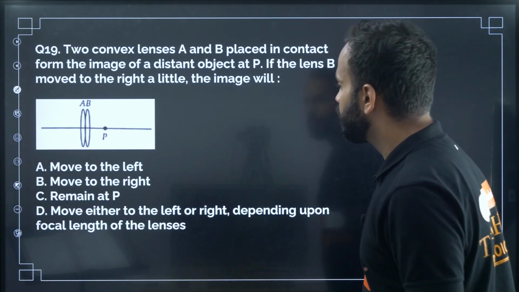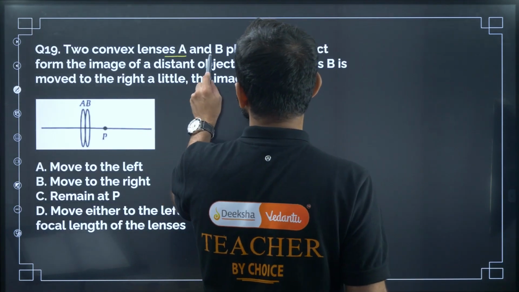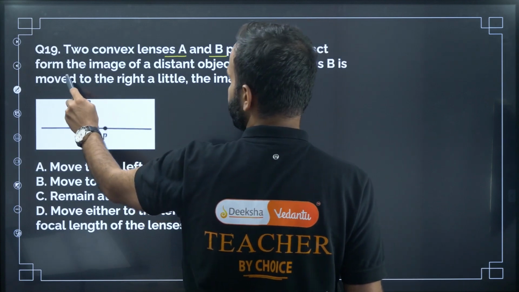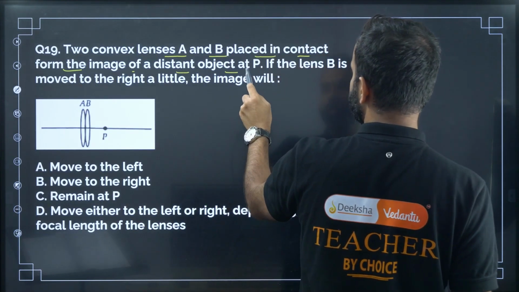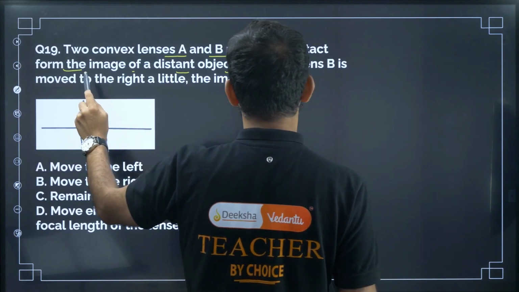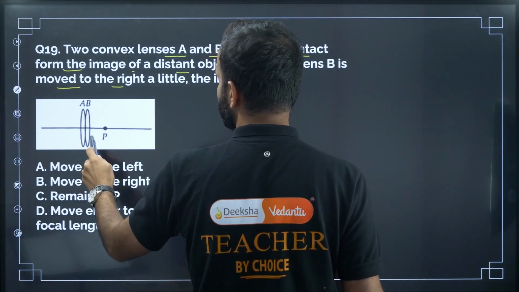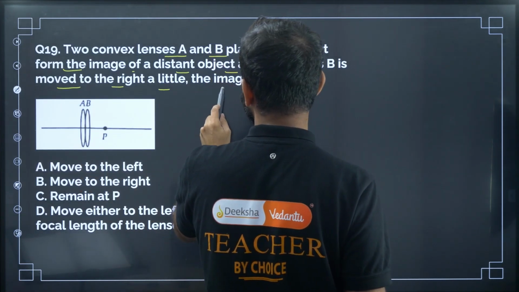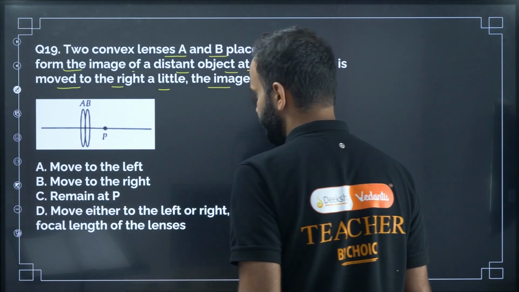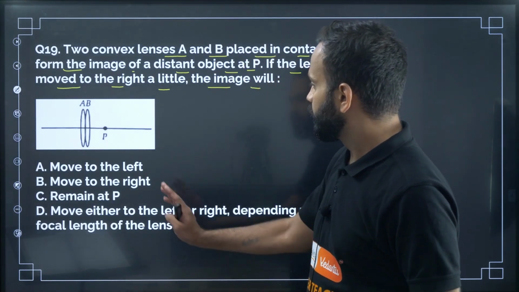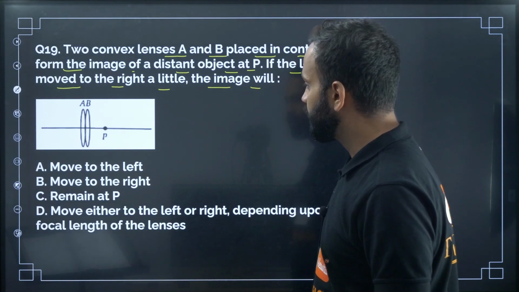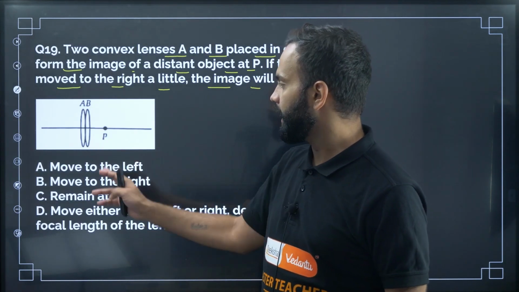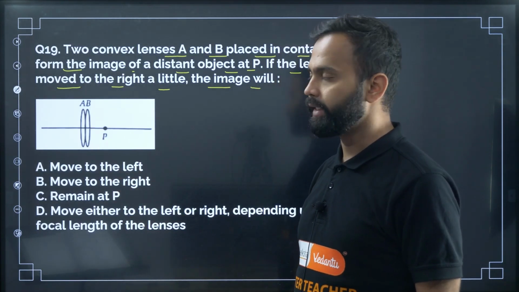Question number 19. Two convex lenses A and B placed in contact form the image of a distant object at P. If the lens B is moved to the right a little, the image will. Okay, so the lens B is moved to the right a little, right? That is, the distance between A and B increases, right?